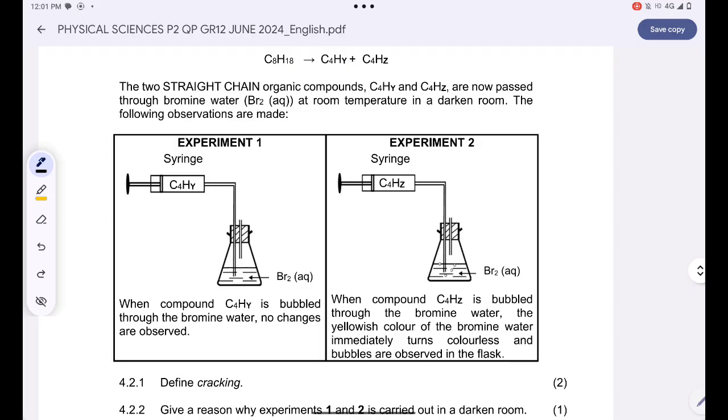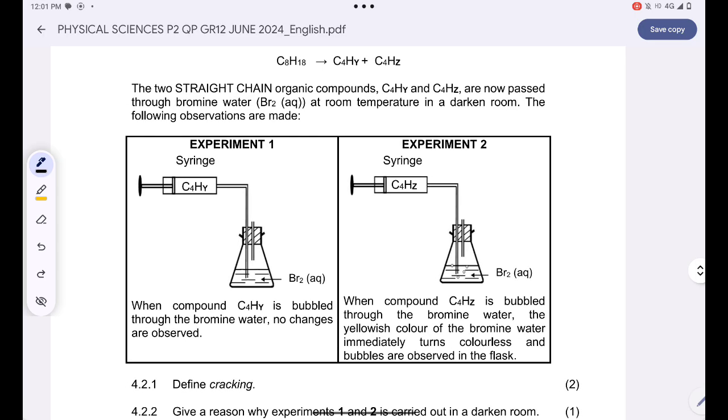The reason why, guys, they are reacting these two compounds in a dark room is because we want to determine which compound between the two is saturated and which one is unsaturated. The one which is saturated will never react with bromine water in a dark room.